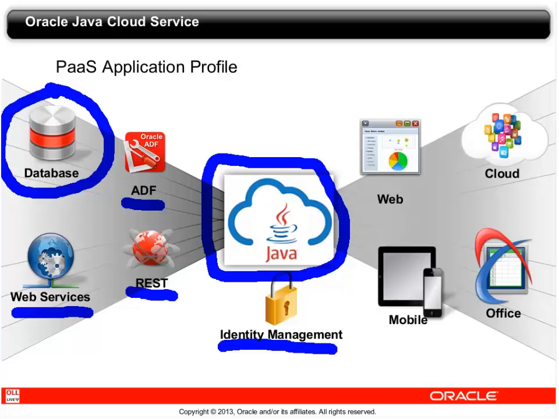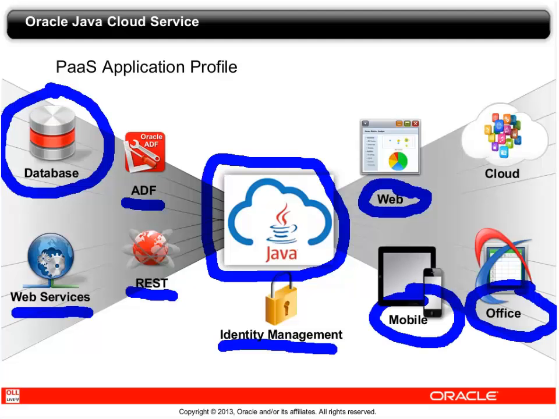So it has a fully capable application server instance running in a remote location in the cloud that allows you to create applications that can then be deployed on the web, on a mobile device, as an office application, or even to another cloud in case you have one cloud communicating with another cloud.